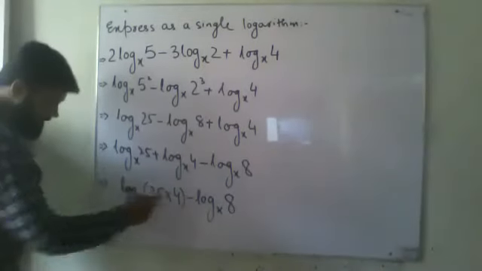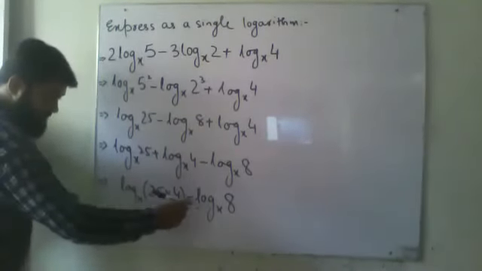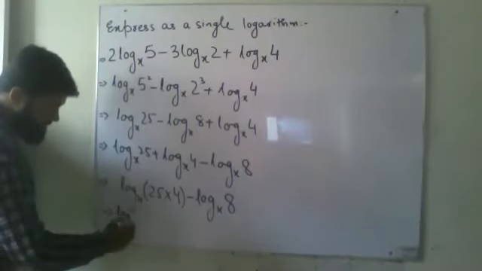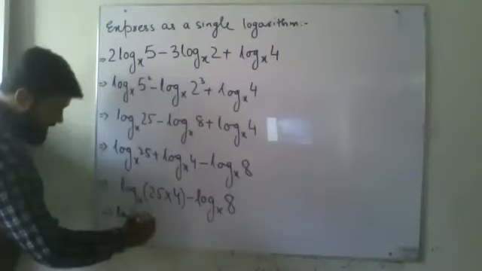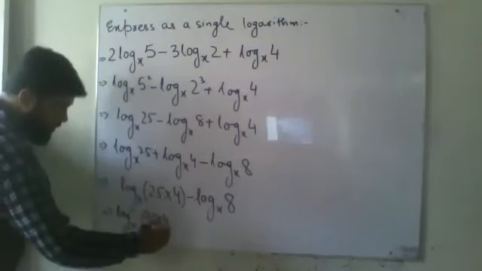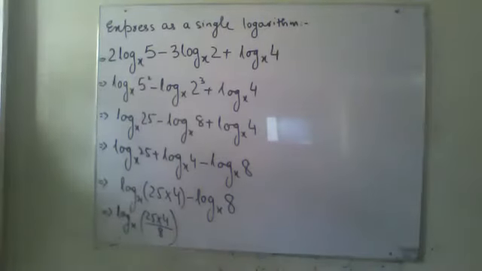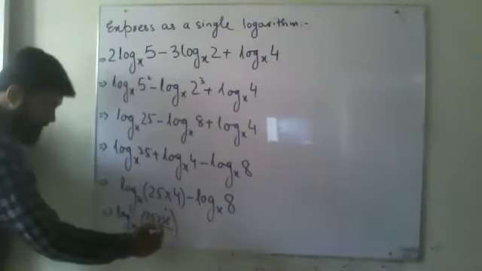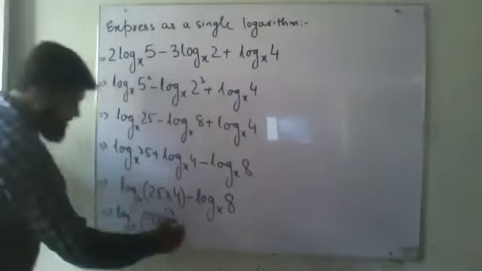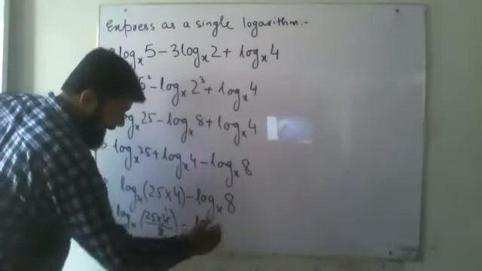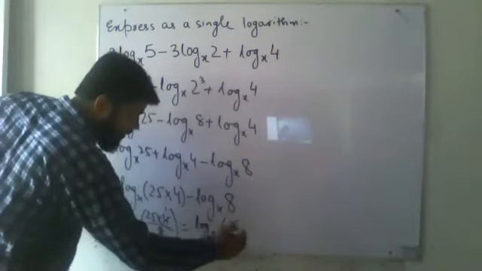Now these two are logs and there is a minus sign in between, so this will become log base x of 25 into 4 over 8. Cancelling it, 4 ones are 4, 4 twos are 8. So my final answer will be log base x 25 over 2.